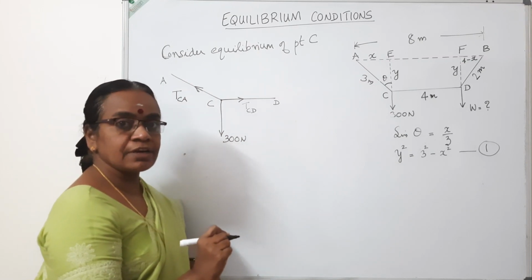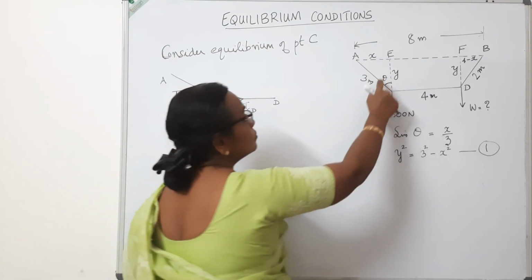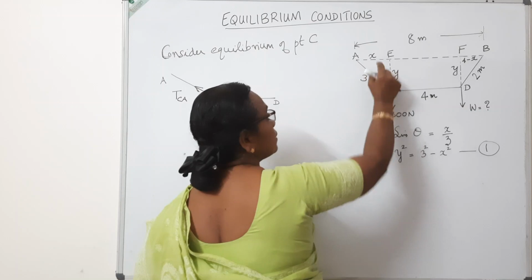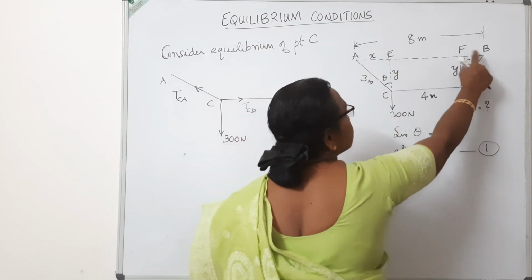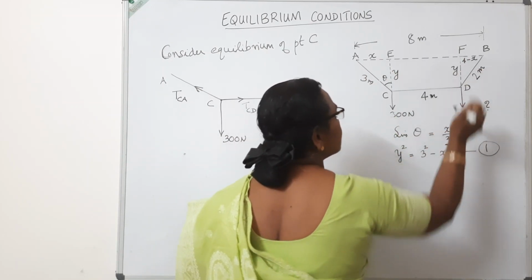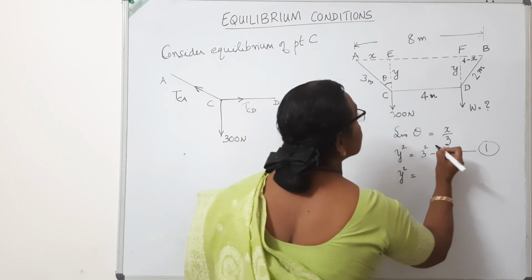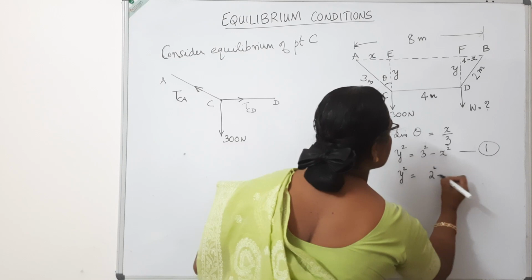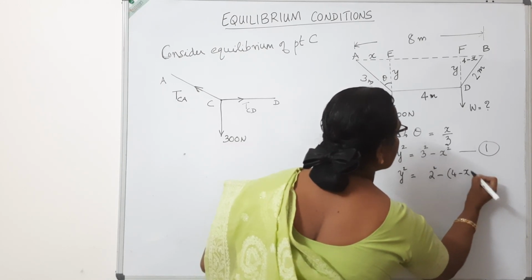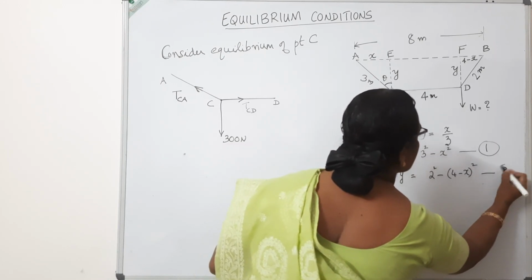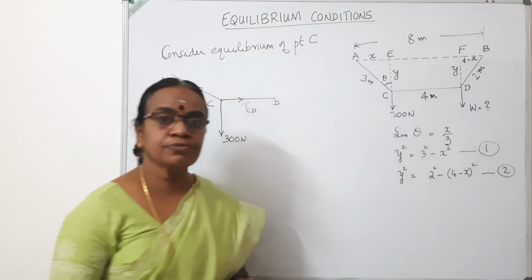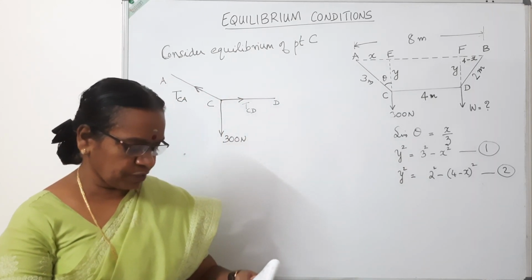So if I get x and y, I can get theta. Similarly from here, what can I write? Y square is equal to 2 square minus (4 minus x) the whole square. So write down the expression for y from both two figures.